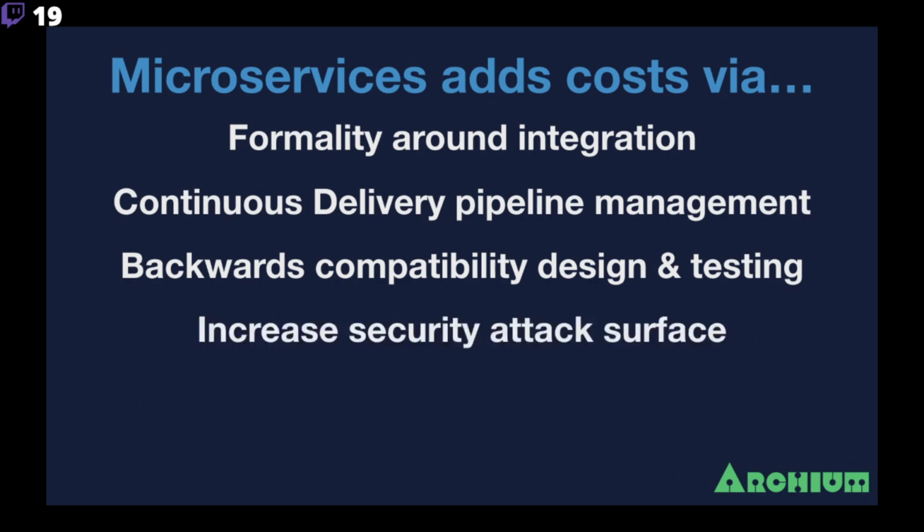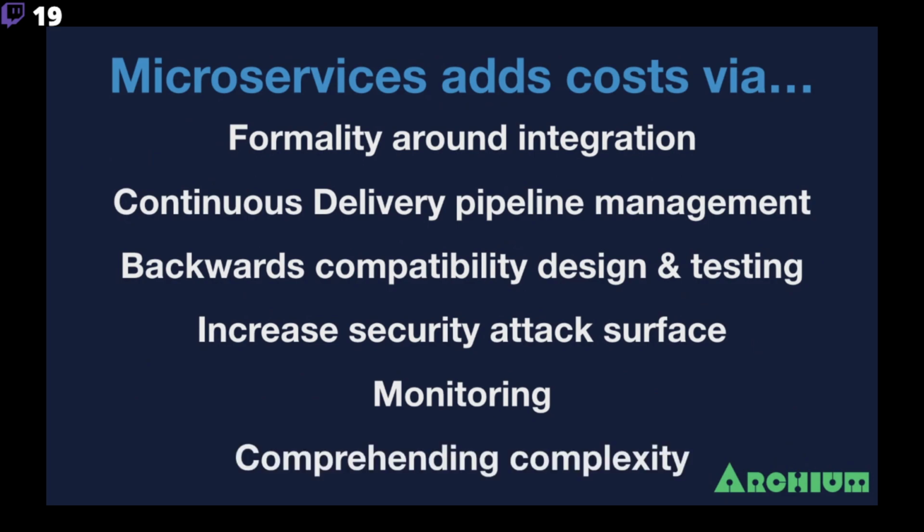You're going to have an increased security attack surface once you make more and more of your functionality available to the network. So that's going to have a cost in terms of ensuring all of that is secure. Of course, monitoring is going to become more complex once you have many things to monitor rather than one. And just comprehending the complexity of a system can become more difficult.